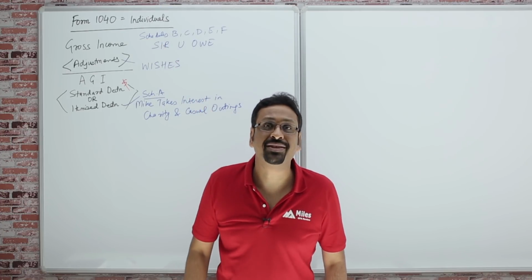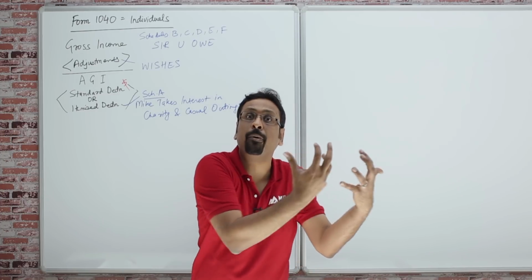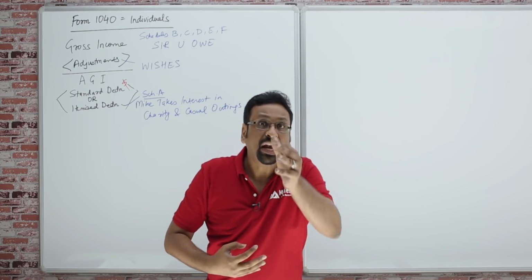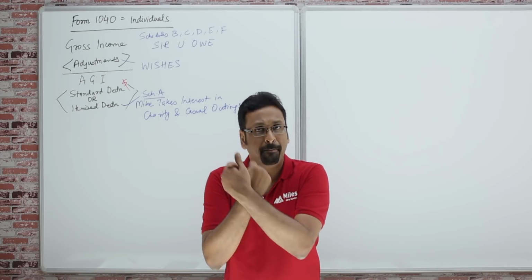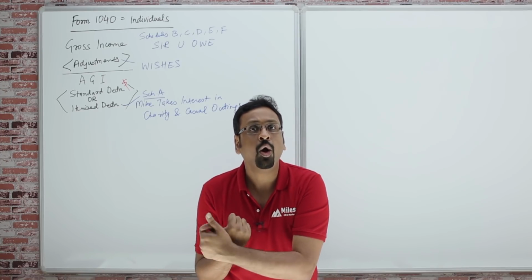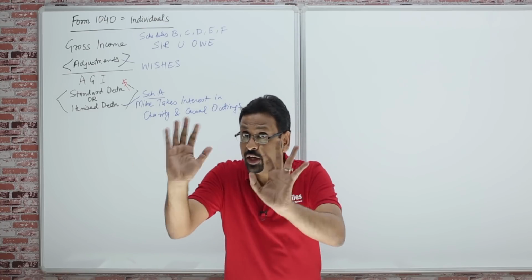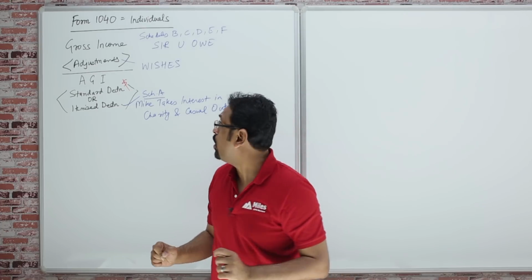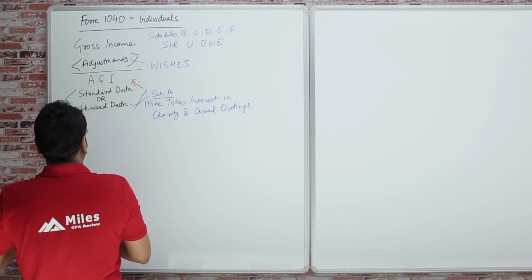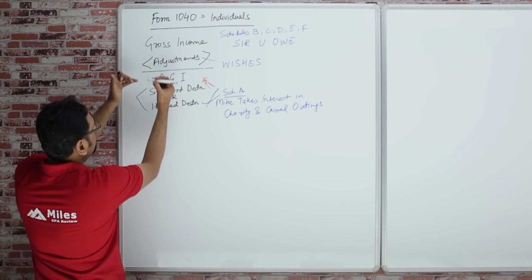So qualified business income could be business income that you have from your sole proprietorship, or it could be income that you have by virtue of being a partner in a partnership or a shareholder in an S corporation. So we'll talk about all of that. But for now, what we have here is qualified business income or QBI deduction as a below the line deduction.